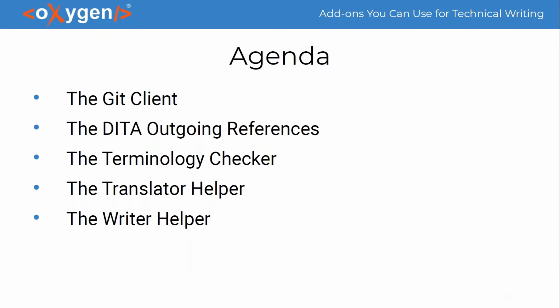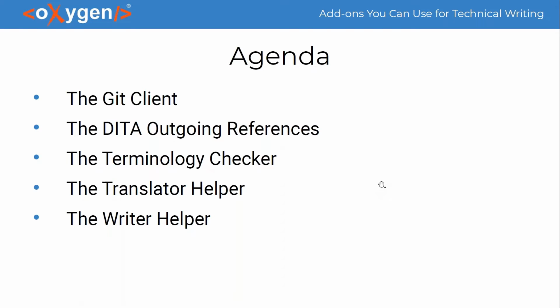So these are the Git client, the DITA Outgoing References view, the terminology checker, a Translator Helper, and the last one that we've introduced, and maybe you don't know of it by now, the Writer Helper view.